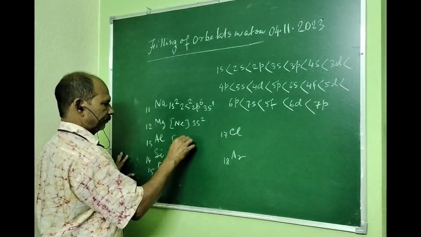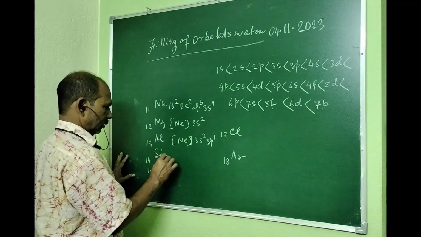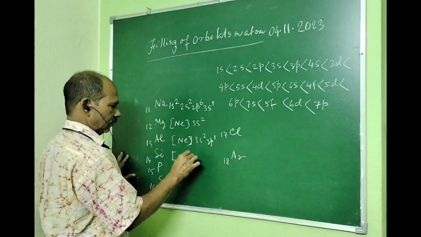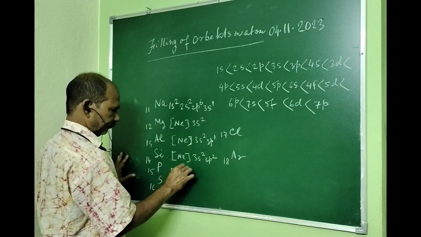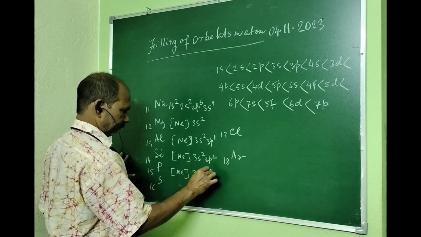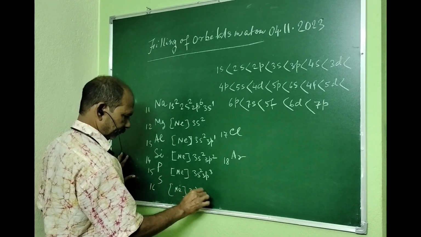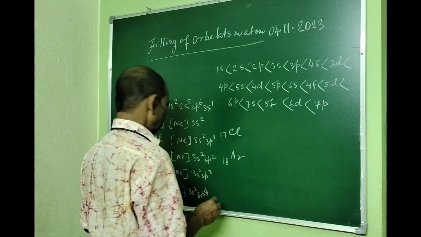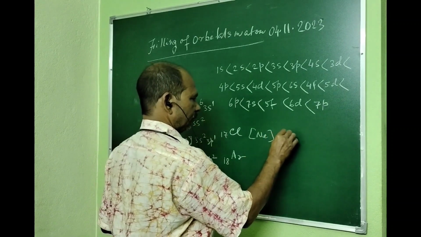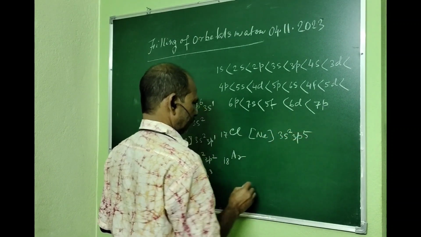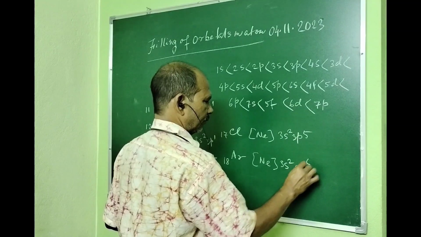For aluminum, 3s2, 3p1, and for silicon, for phosphorus, and for sulfur, and similarly for chlorine 17, in the core 3s2, 3p5, and for argon, the outermost is completely filled.